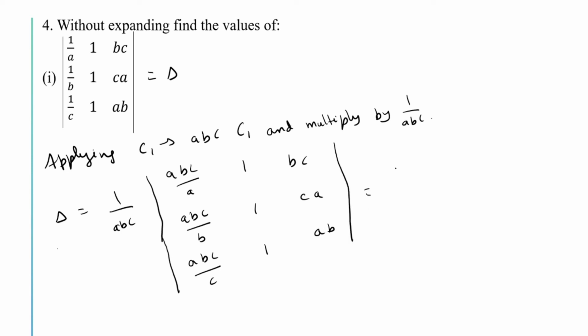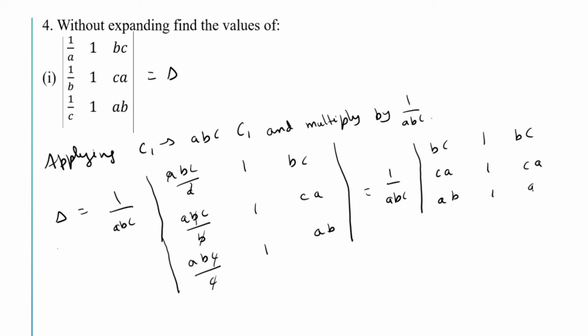So this is equal to 1/abc into, here a and a will go, b and b will go, c and c will go. So here we will have bc, ca and ab. The remaining columns remain the same.